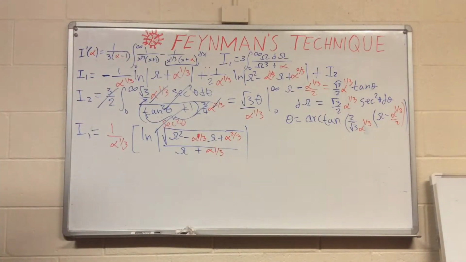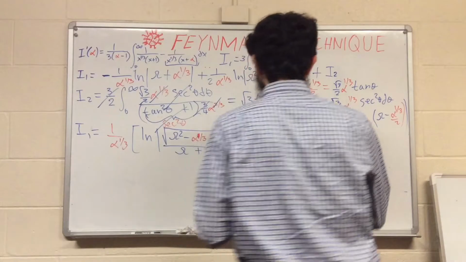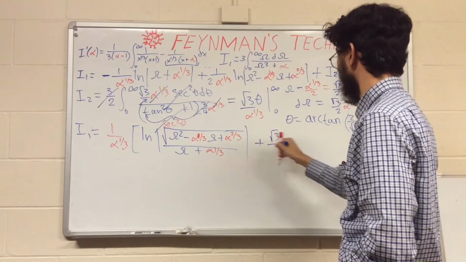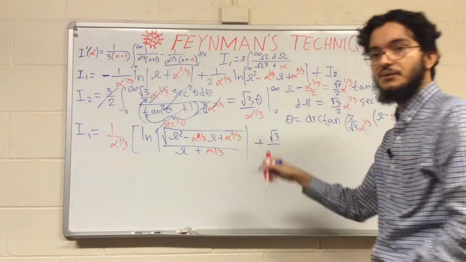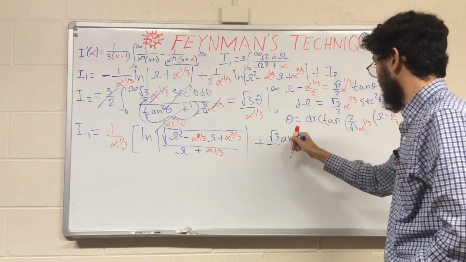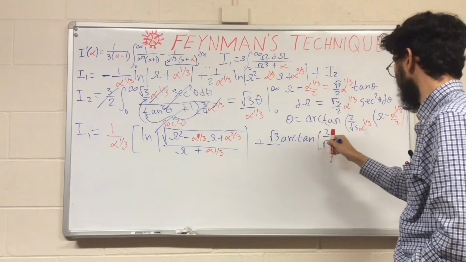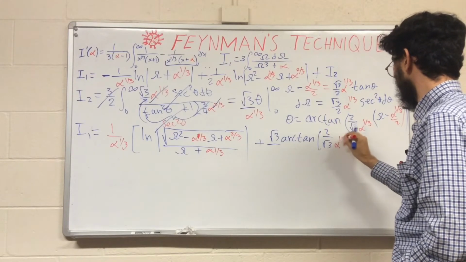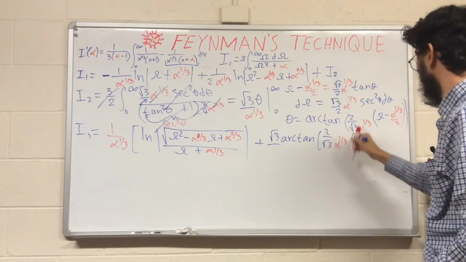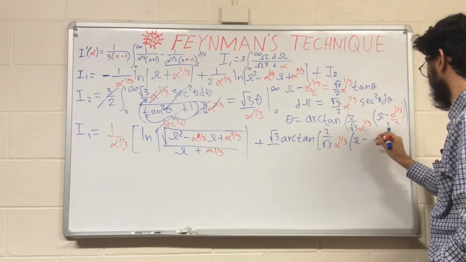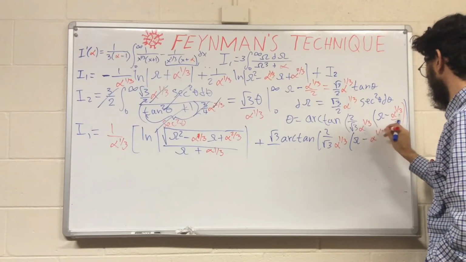And so finally we add I2, and I2 is nothing but radical 3 multiplied by theta, which is arctan of 2 over radical 3 times alpha to the 1/3 multiplied by omega minus alpha to the 1/3 over 2.